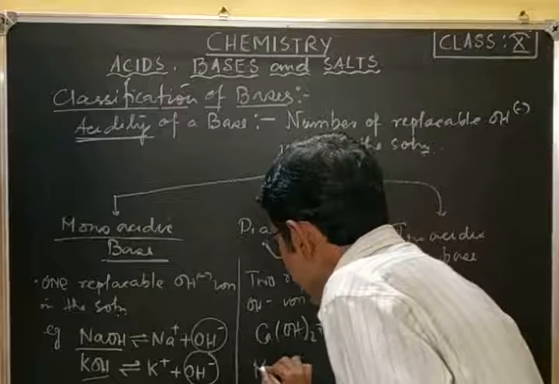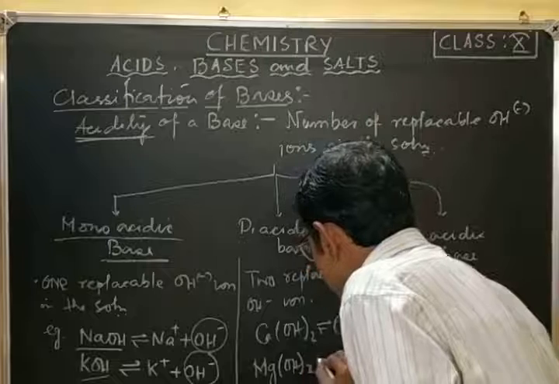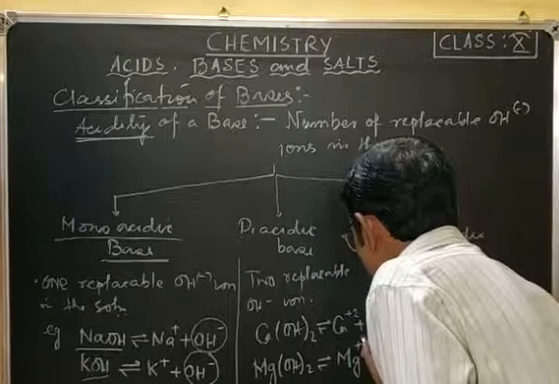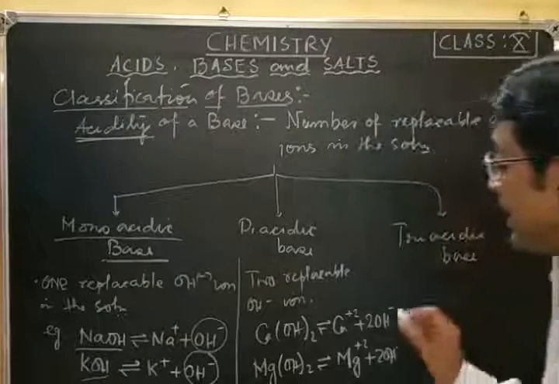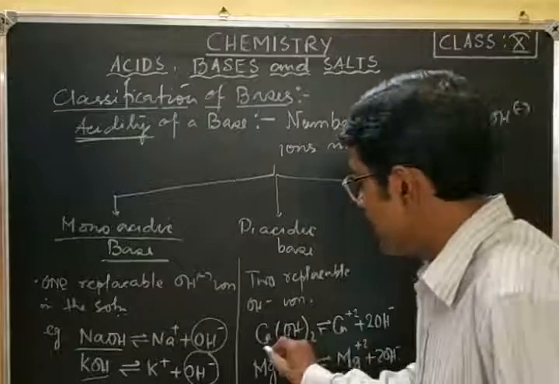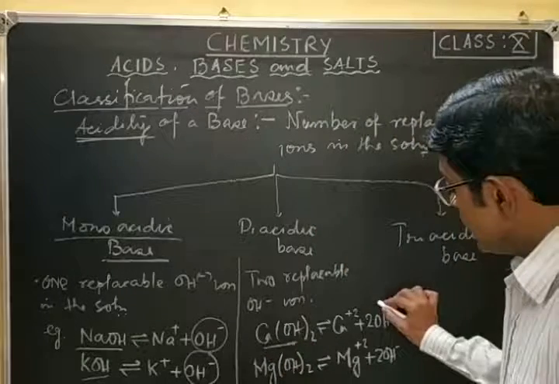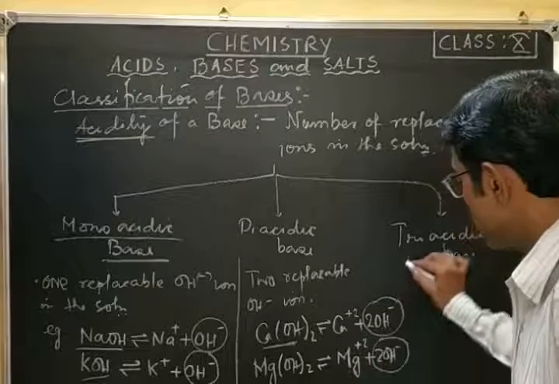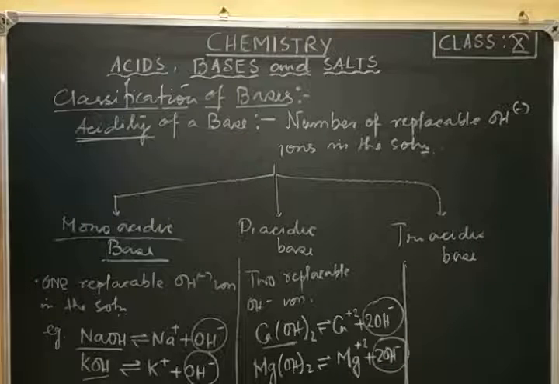Say I'll take the example of Mg(OH)2. It dissociates as Mg 2 plus and 2 OH minus. So in this type of base, calcium hydroxide or magnesium hydroxide, you can see they can produce two replaceable hydroxyl ions in the solution.